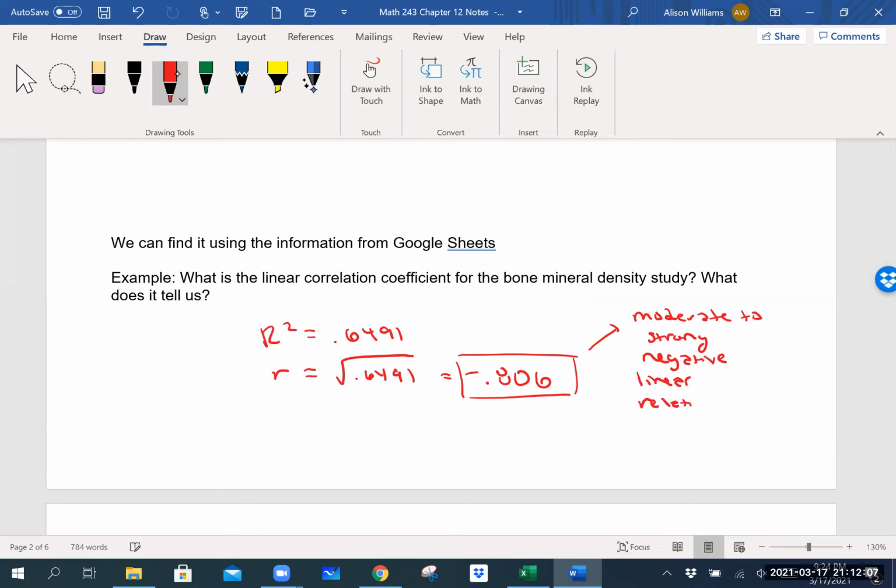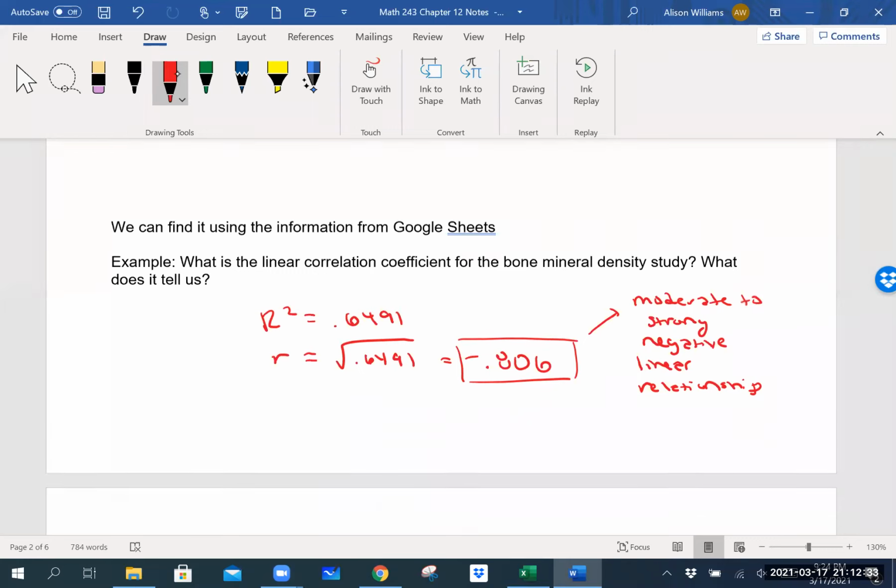I may even just say strong, but it was the scatter diagram that makes me want to say moderate to strong, because the scatter diagram, I felt like it could have been a better grouping. Okay, so that's what that value tells us about our least squares regression line and how good of a job it's going to do predicting the data. That's what this is telling me.